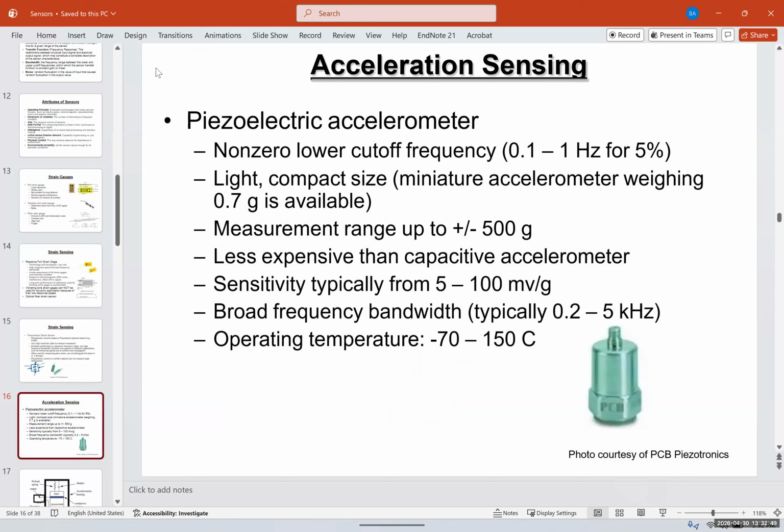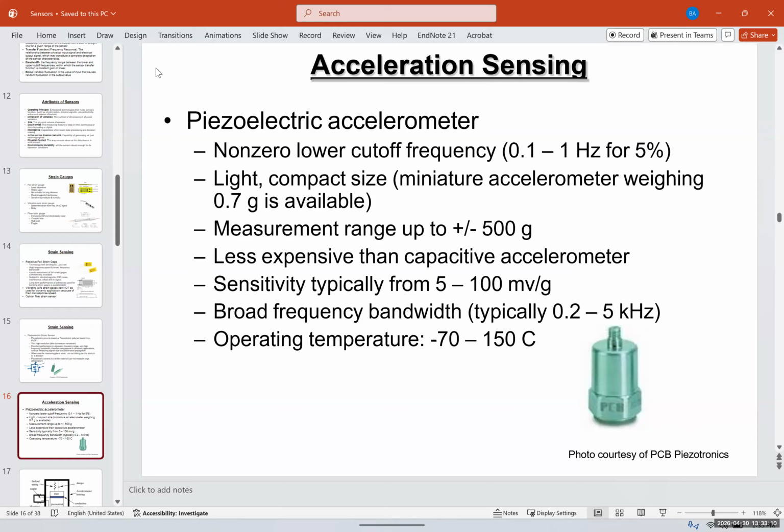Another type of sensor we have is called the piezoelectric accelerometer. These have non-zero lower cutoff frequencies, about 0.1 to 1 hertz for 5%. They are light and compact, and a miniature accelerometer weighing about 0.7 grams is also available.